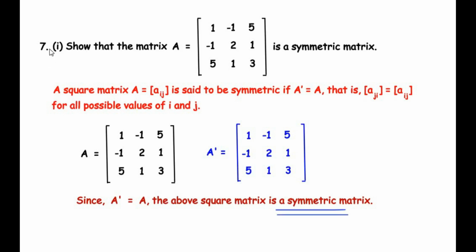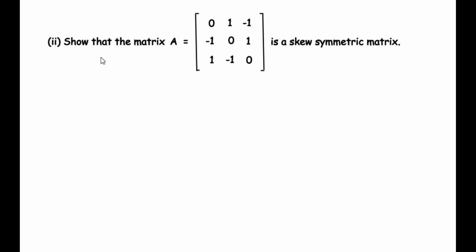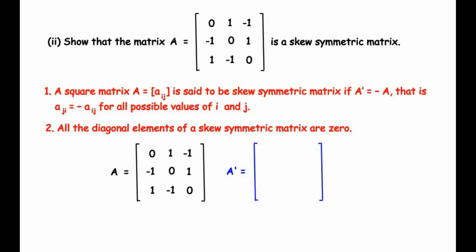Now let us move on to the second sub question. Show that the matrix A, which is a 3 by 3 square matrix, is a skew symmetric matrix. So we have to understand two conditions for a matrix to be skew symmetric. The first condition is, a square matrix is said to be skew symmetric if A transpose is equal to minus A, which means that whatever elements we have in matrix A, the elements of A transpose should have the opposite signs.